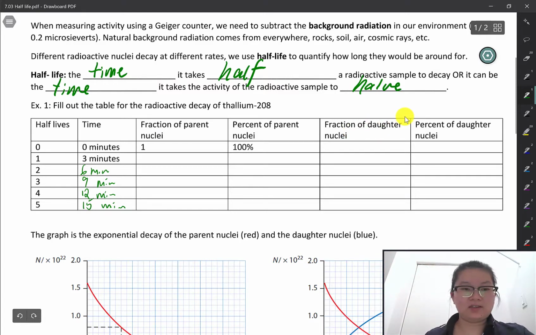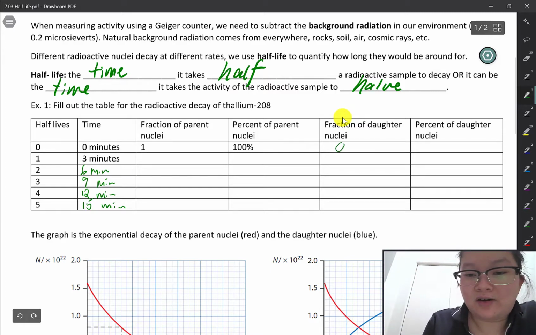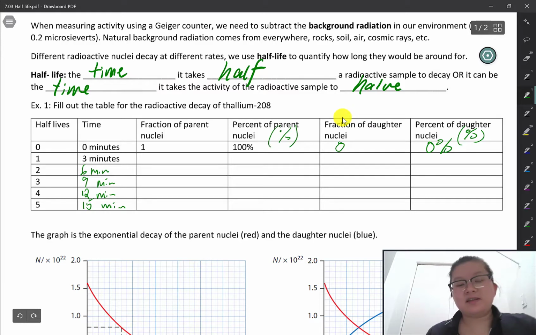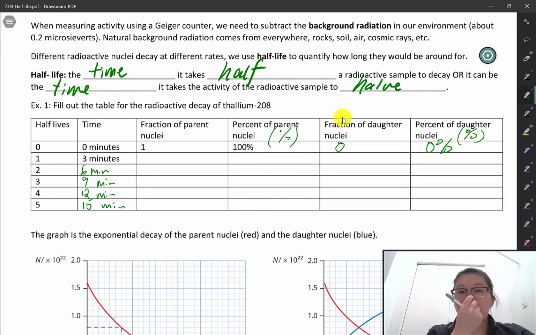It doesn't tell us in this question what it decays into, but it decays into something, and that something is the daughter nuclei. At this point there is none of it because we haven't started decaying yet, so it's 0. I'll put brackets percent here as the unit of that column.